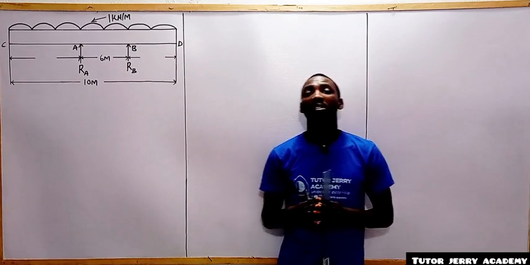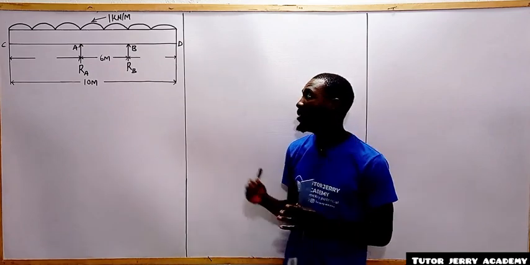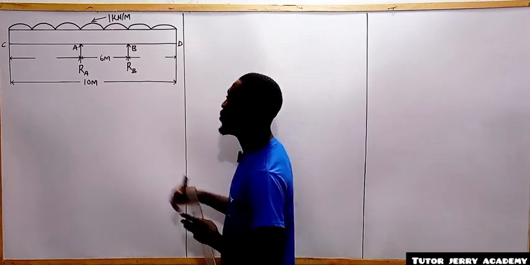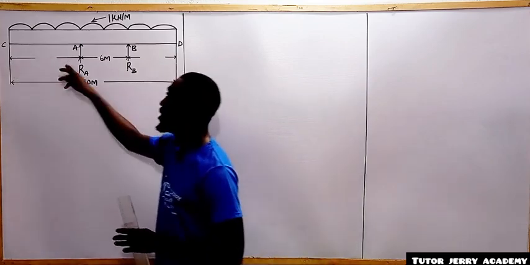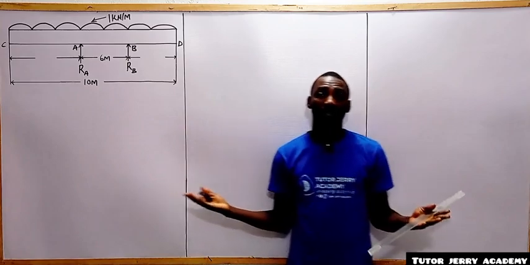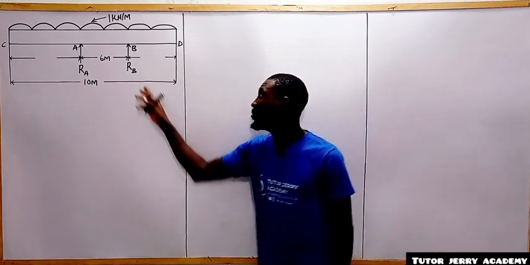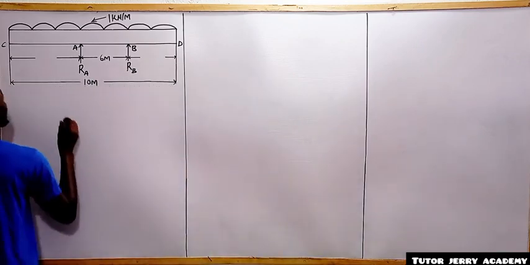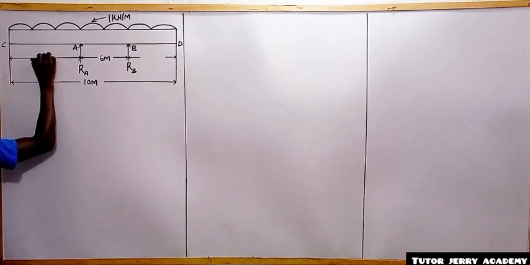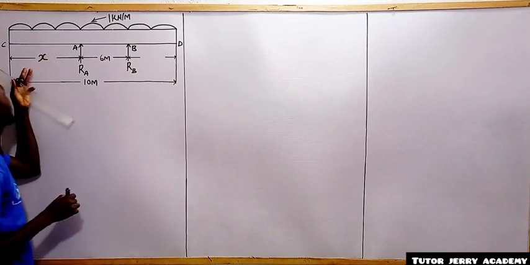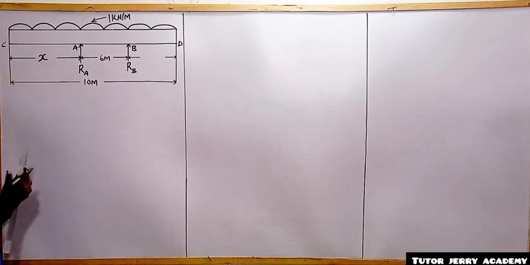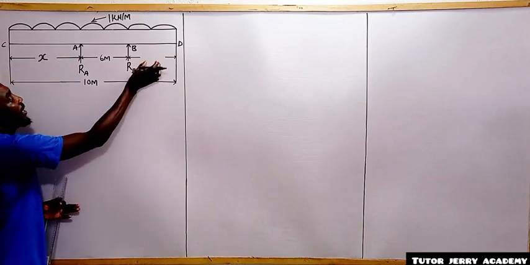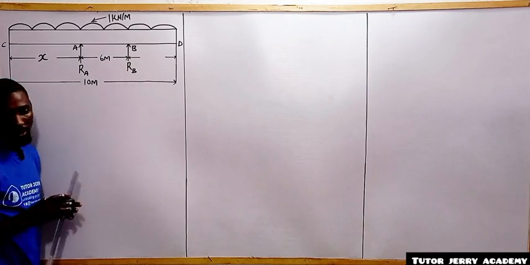All right, so for us to start the solution to this question, the first thing we are going to do is this. We don't know what the distance from here to here is because we are not given it in the question. But we can let this distance, AC, be S. So it means we can know what BD is going to be.